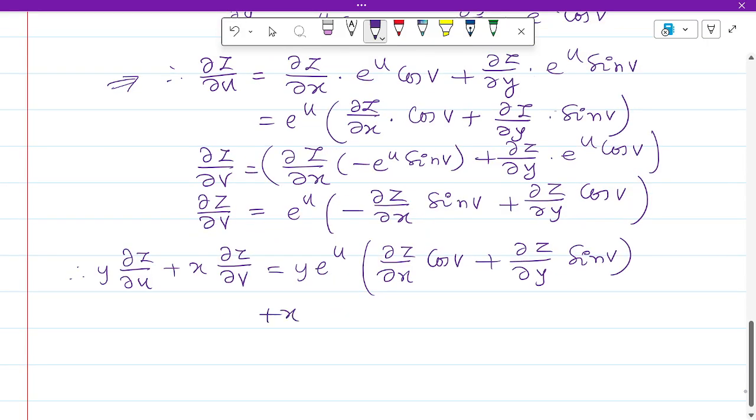So plus x e^u, minus ∂z/∂x sin v plus ∂z/∂y cos v.